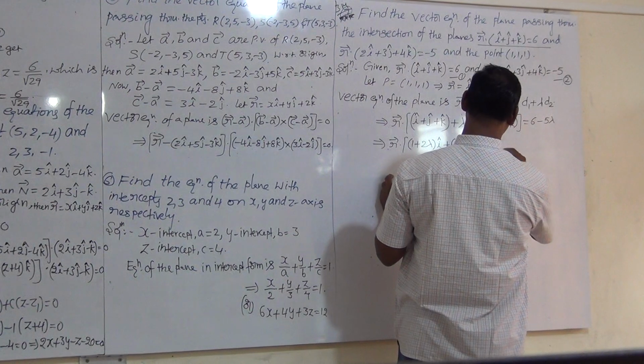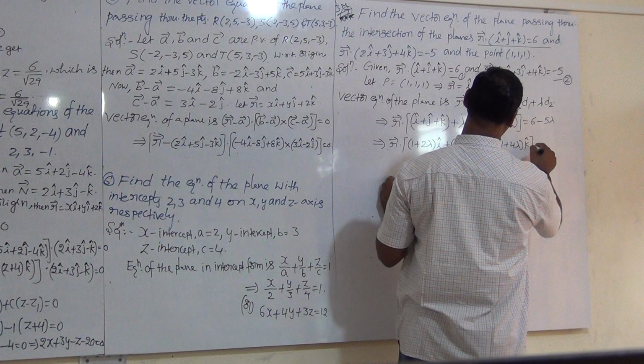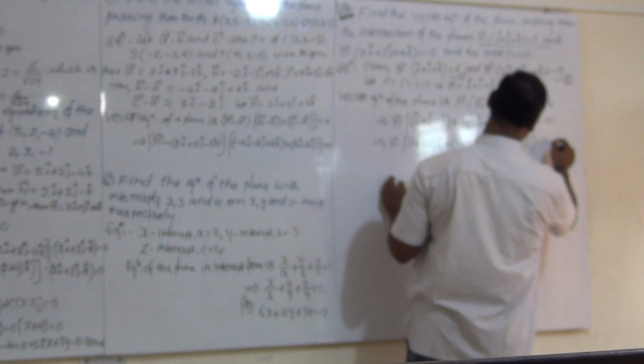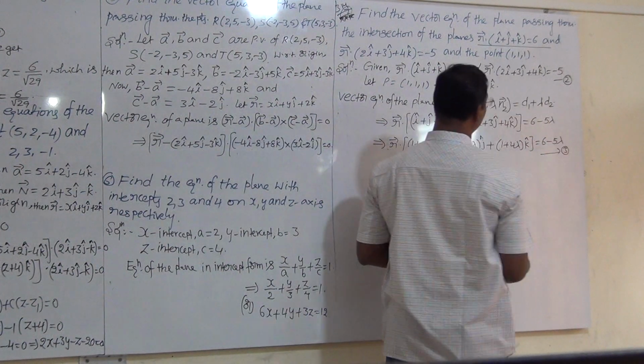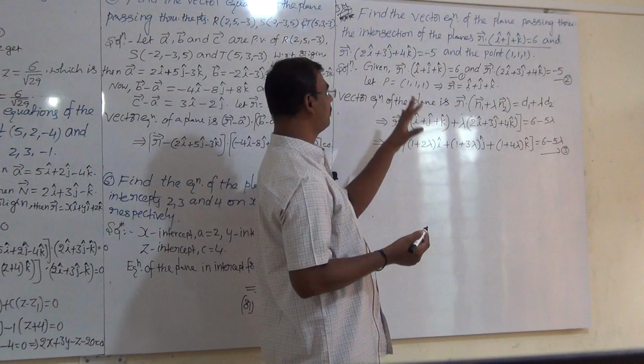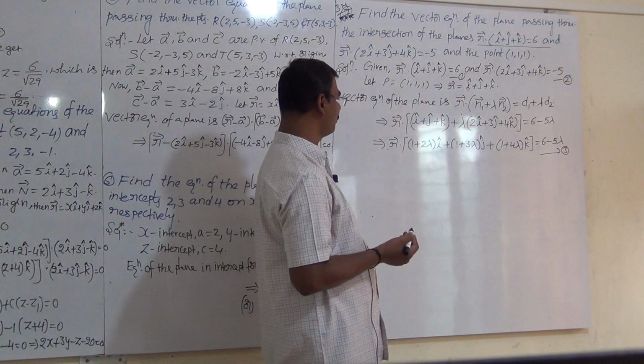Plus (1 plus 4 lambda) into k cap is equal to 6 minus 5 lambda, as equation number 3. The first two planes were already given, so give the name equation number 3.